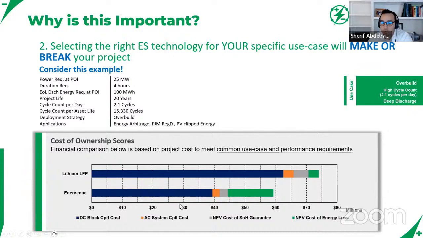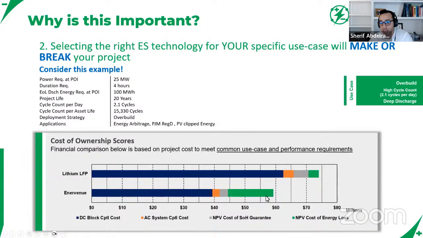It looked at the full picture, calculating the net present value of energy losses throughout the lifetime of the project for a specific use case. In this case, it was 2.1 cycles a day, which could fairly be described as a heavy cycling application.